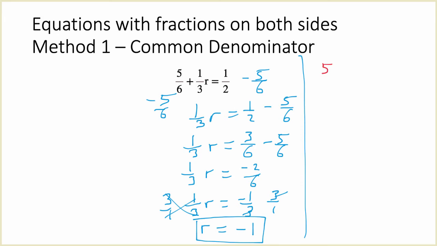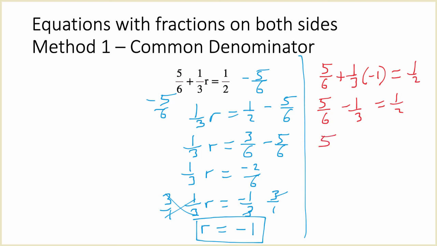I have 5/6 plus 1/3 times -1 equals 1/2. I have 5/6 minus 1/3 equals 1/2. To keep going on the left side, I am going to get a common denominator between 5/6 and -1/3.